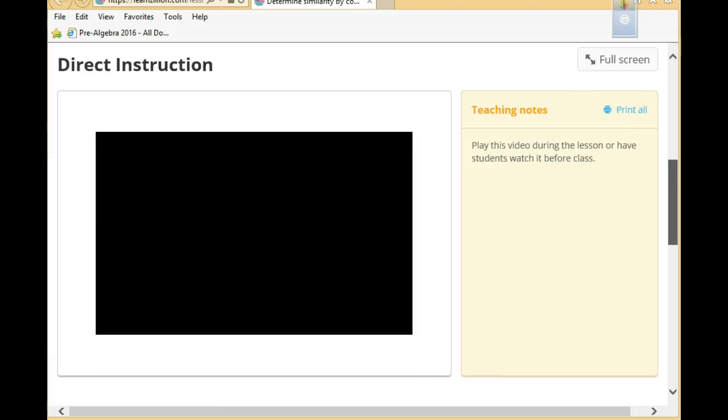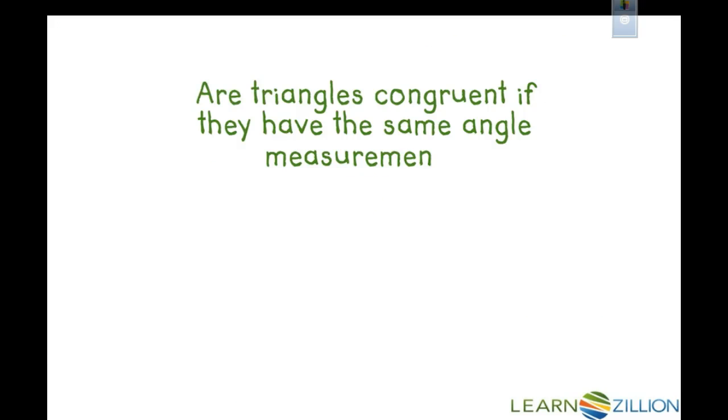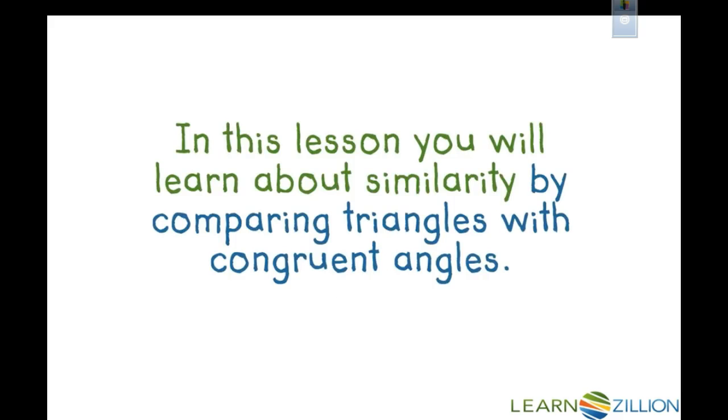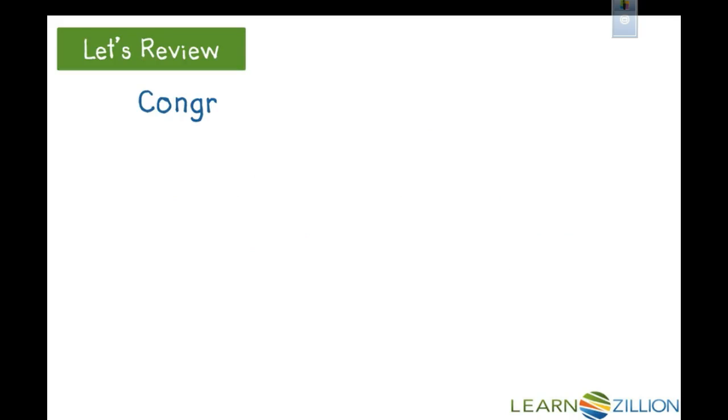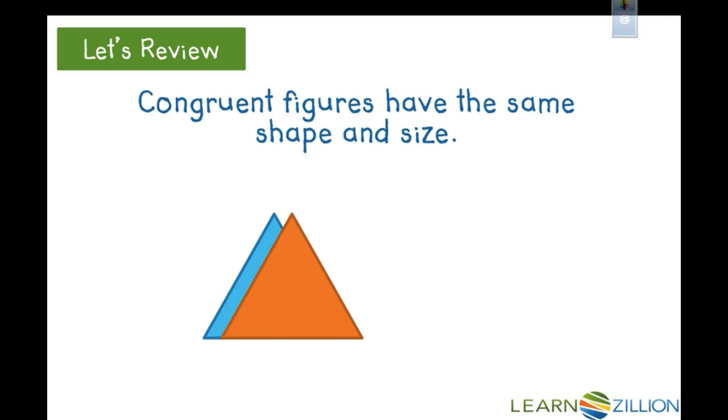And today's lesson has lots of videos. Are triangles congruent if they have the same angle measurements? In this lesson, you will learn about similarity by comparing triangles with congruent angles. Let's do a quick review. Congruent figures have the same shape and size.